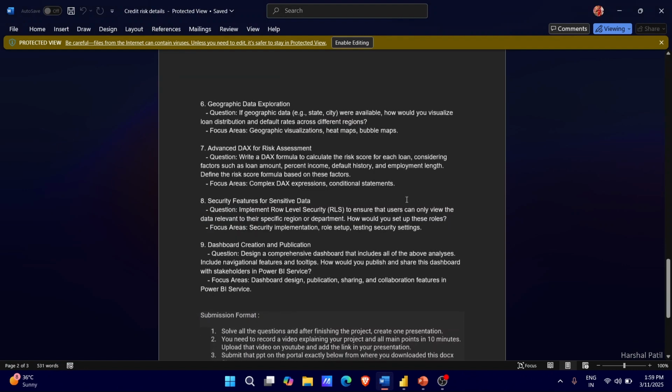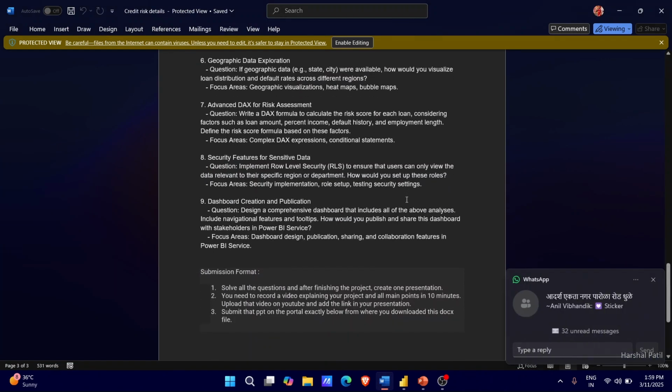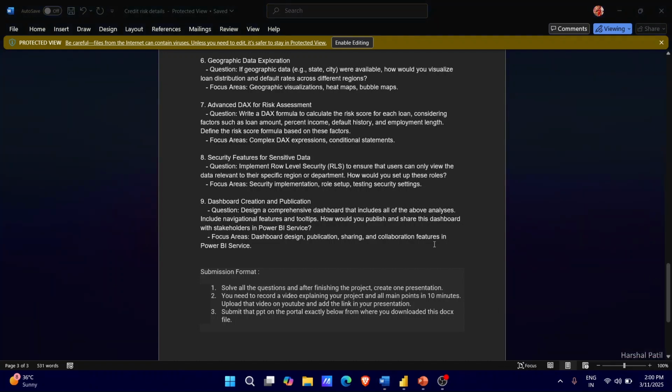So the next one was to design a comprehensive dashboard that includes all navigational features and tooltips. How will you publish and share the dashboard with stakeholders in Power BI Service? The focus area is dashboard design, application, and so on.